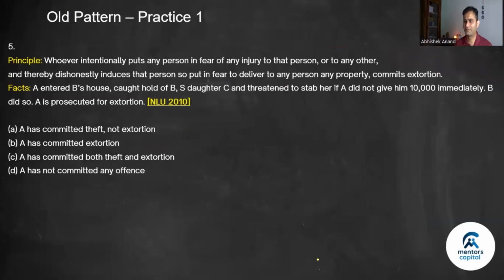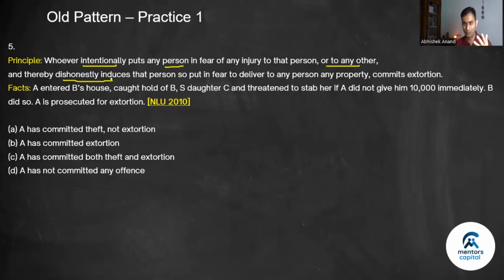Let's come to number 5. Let's go through it quickly. Whoever intentionally puts any person in fear of an injury to that person or to any other, it could be direct, it could be indirect, and thereby dishonestly induces.